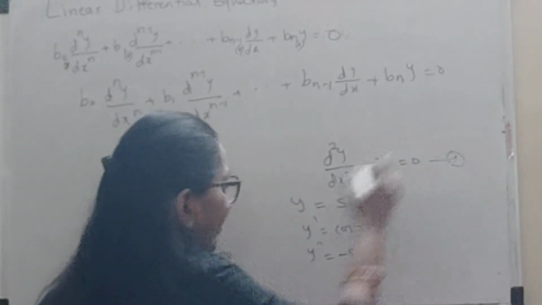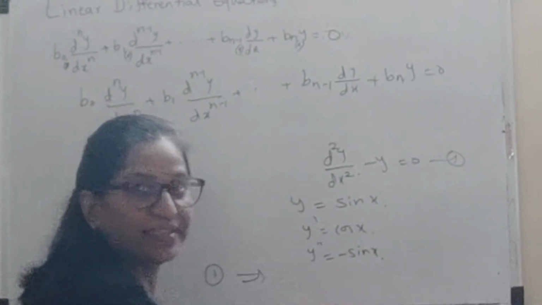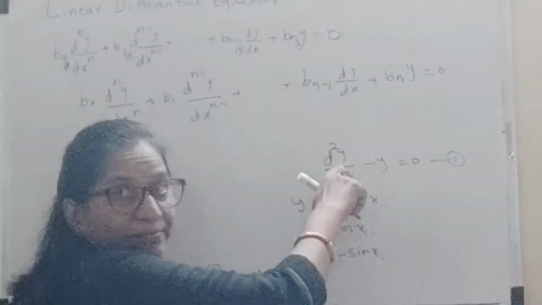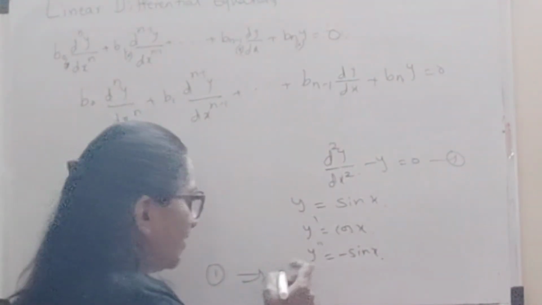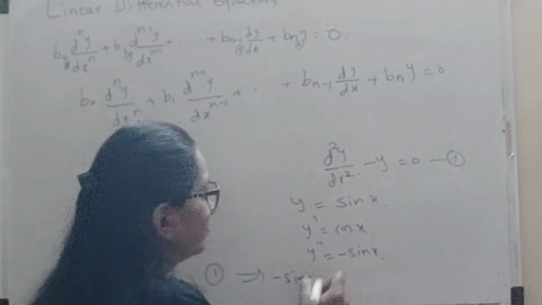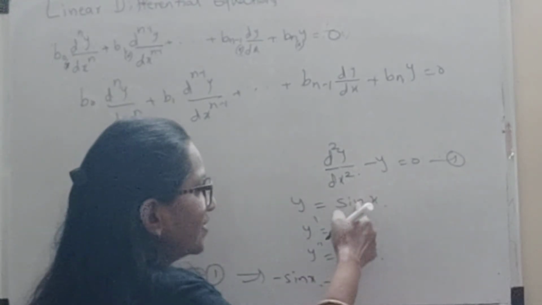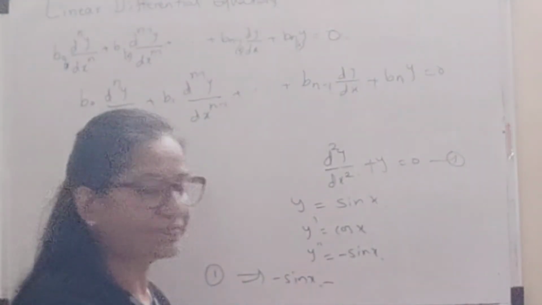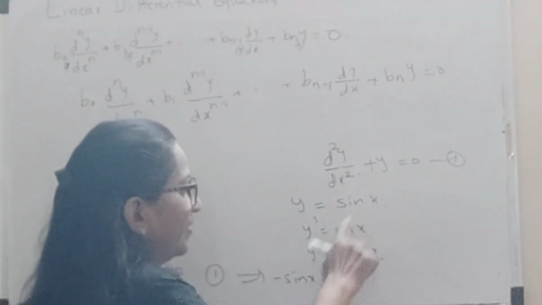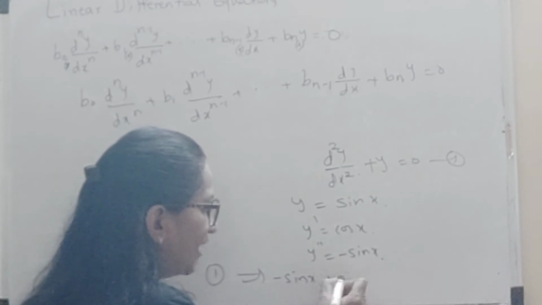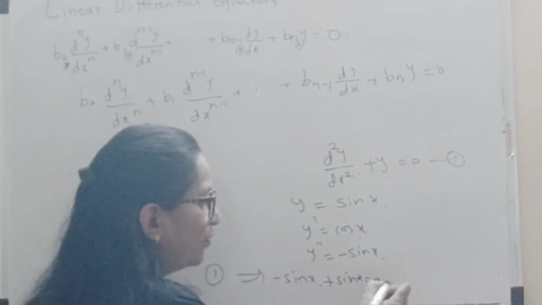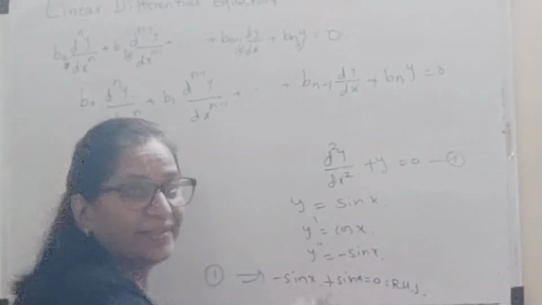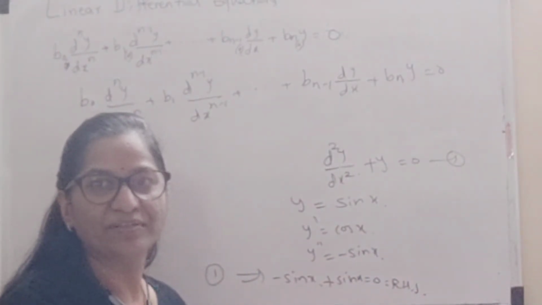Call this equation 1. If I substitute in equation 1, y double prime, which is d2y by dx square, is minus sin x, plus y, which is sin x, and that gives us 0, which is the RHS. So y is equal to sin x is a solution of this differential equation 1.